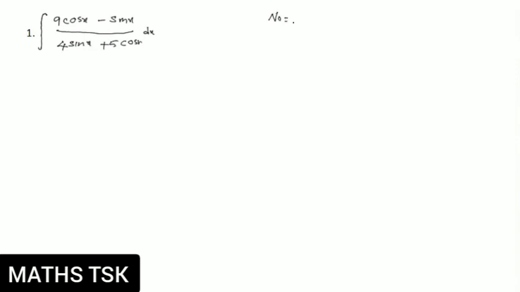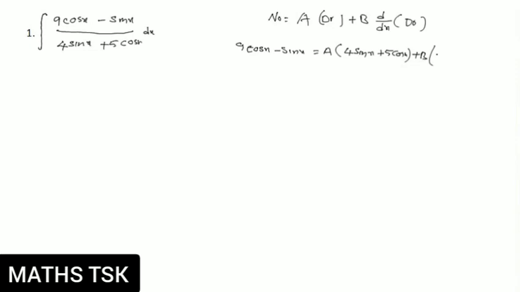Numerator is equal to a into denominator plus b into d by dx of denominator. What is numerator? 9 cos x minus sin x. A into what is denominator? 4 sin x plus 5 cos x. B into what is the denominator's derivative? Denominator 4 sin x, derivative is 4 cos x. And then 5 cos x derivative is minus 5 sin x.